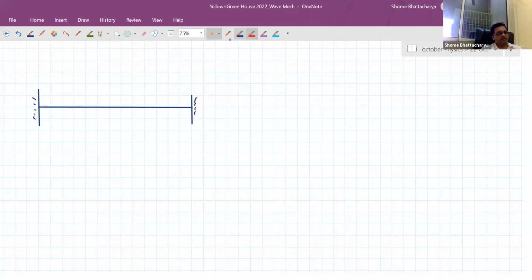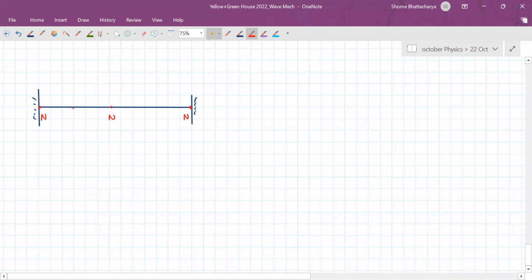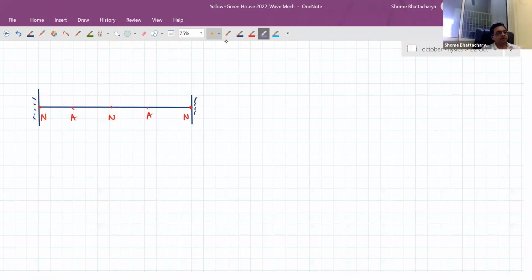So a standing wave pattern has to always accommodate that constraint, that these two points have to be nodes. The simplest situation is if the midpoint is the only other antinode. But the next possible simplest situation is when the midpoint is also a node and we have two other antinodes. So as the string vibrates, it forms a shape like this.